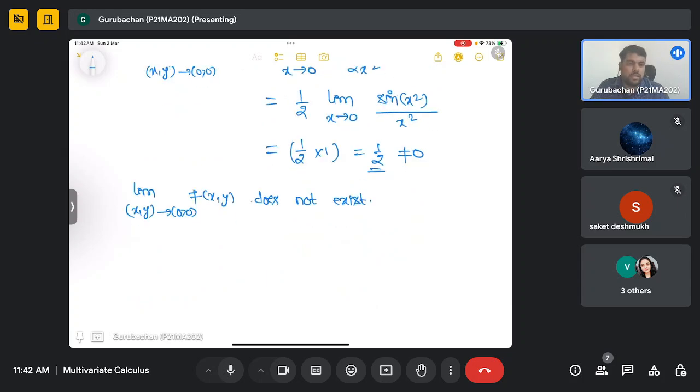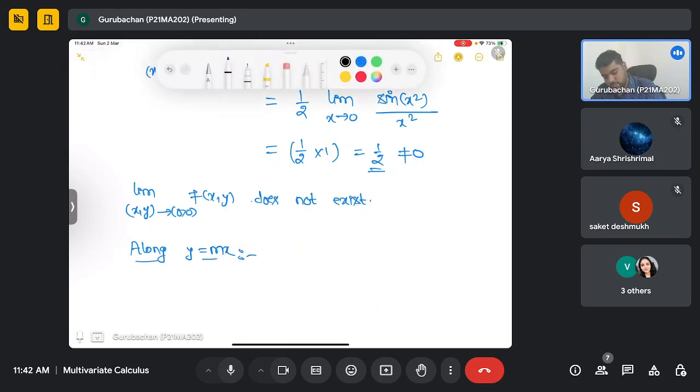So what is the general form of curve that we can take here? We can take y equal to mx. So let me mention it here: this is another, general curve approach.